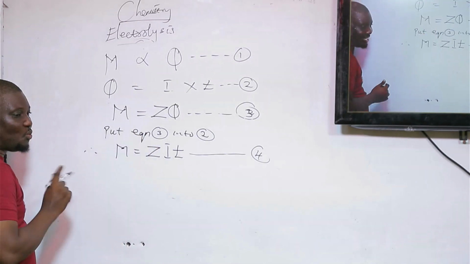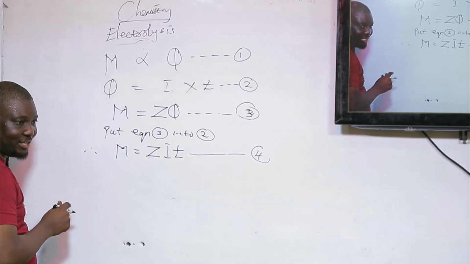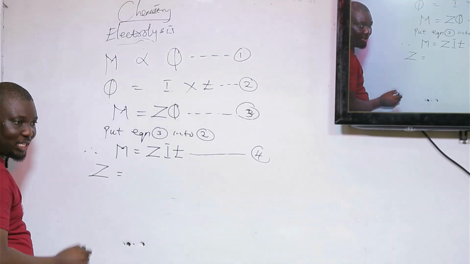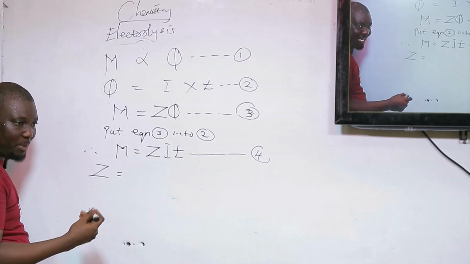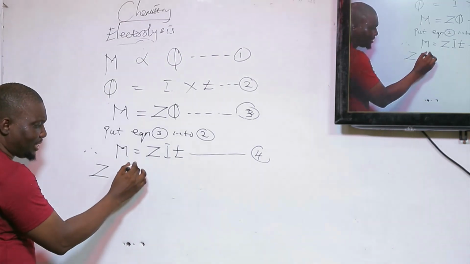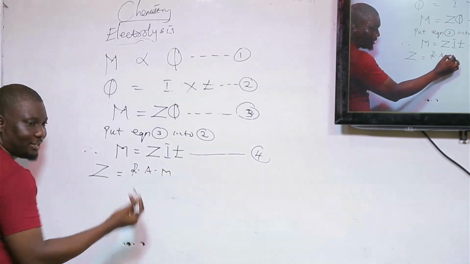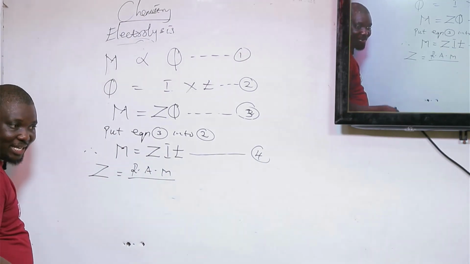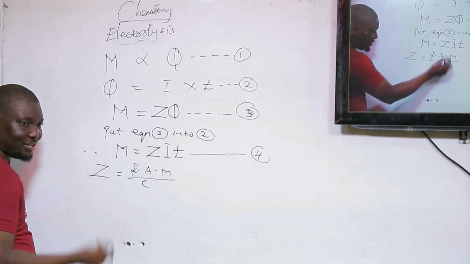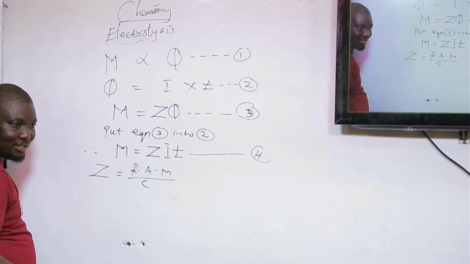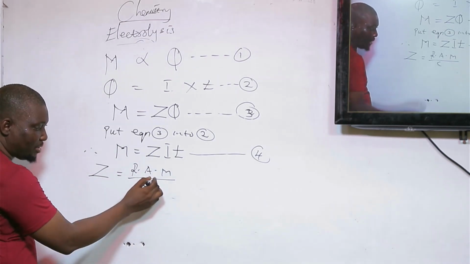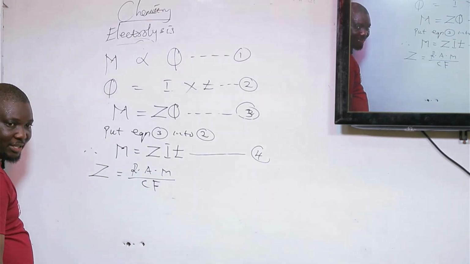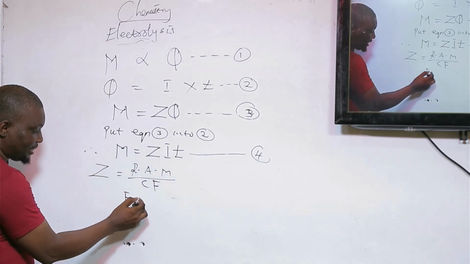This Z, the constant of proportionality called electrochemical equivalent, is just the relative atomic mass of the element divided by the valency or charge, multiplied by a Faraday. Of course, you know what a Faraday is.